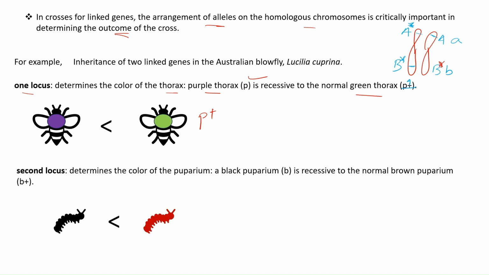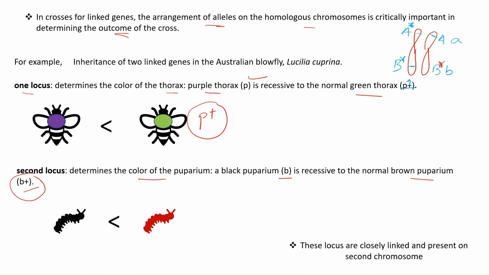Similarly, the second locus is for the color of the puparium, where black puparium, denoted by small b, is recessive to the brown puparium, denoted by b plus. Clear? So now we know p plus is dominant and here b plus is dominant.